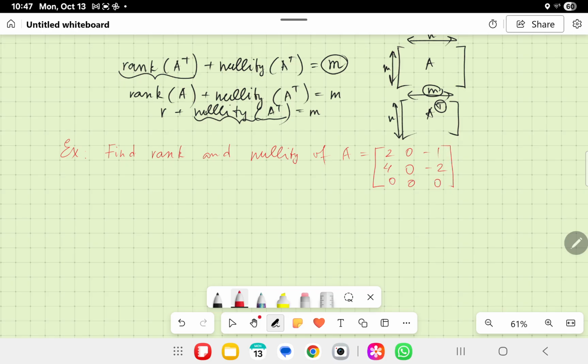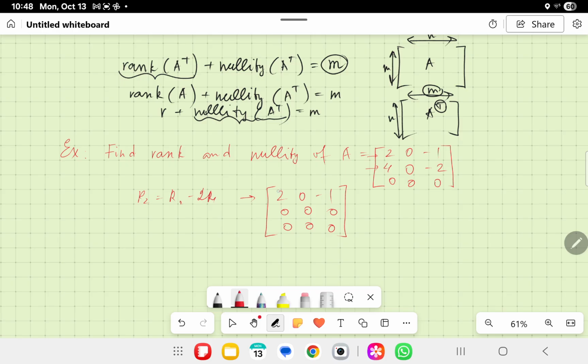Well, I'm trying to consider very simple examples so you can see how to solve it. You probably see that row number 1 and row number 2 are identical, just multiplied by 2. So I'm going to do this row operation: row 2 equals row 2 minus 2 times row 1. Because they're multiples of each other, I'm going to get the matrix looking like this: 2, 0, minus 1, 0, 0, 0, 0, 0, 0. You see? I designed the matrix to be solved in one step.